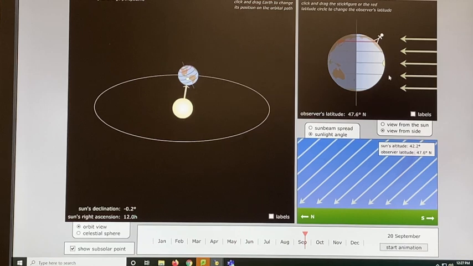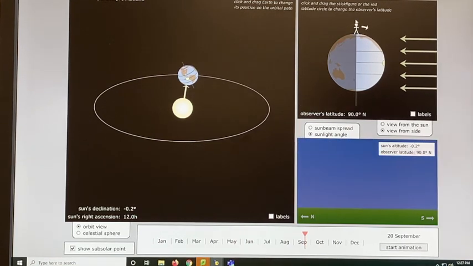And then going up to the North Pole. Okay. Latitude is 90. Sun's altitude is again 0. It's right at the horizon. So this is at the North Pole on the autumnal equinox.